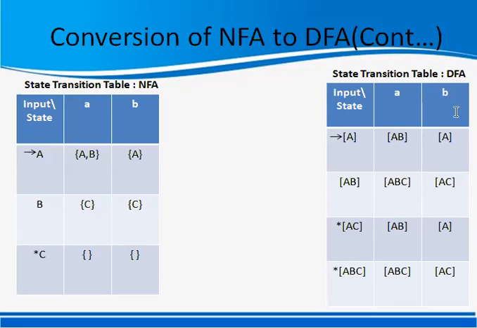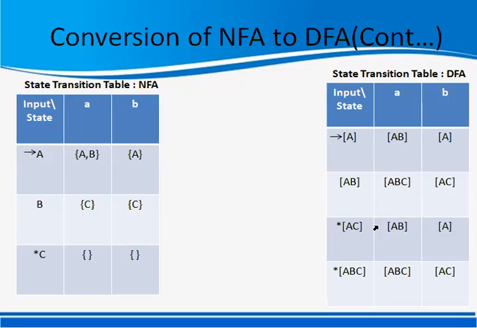Now we will check for the input small b. On input small b, we will take the union of these two. So it will give AC as a result. So we have written here AC. We will take this AC as a single state in DFA. Now we have two new states, that is ABC and AC.